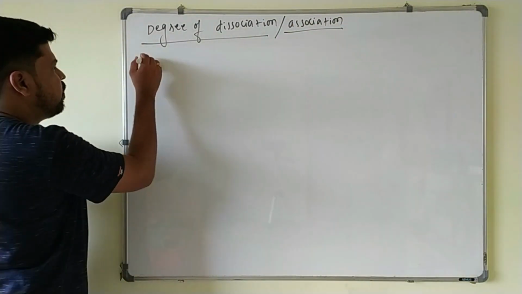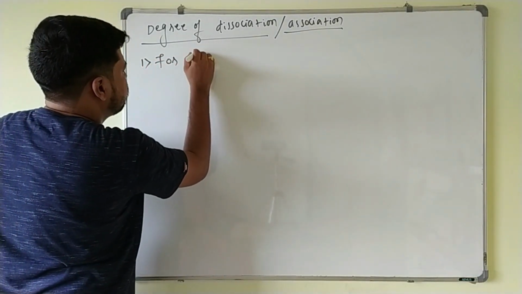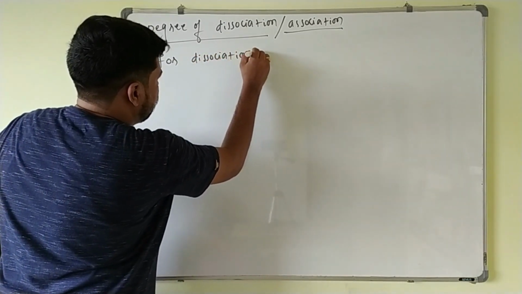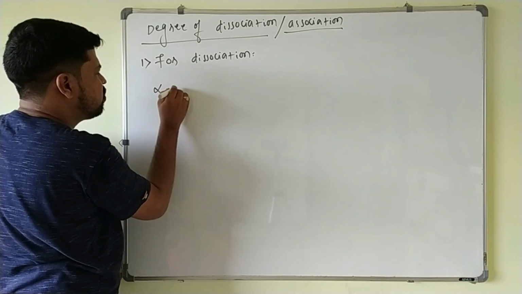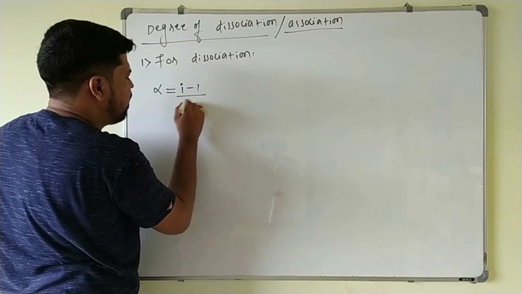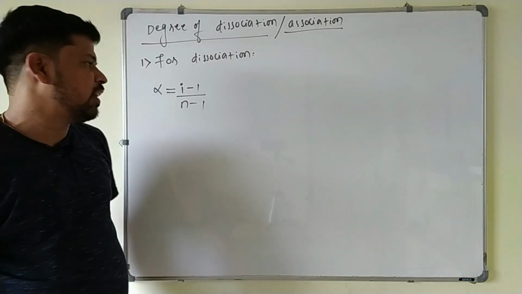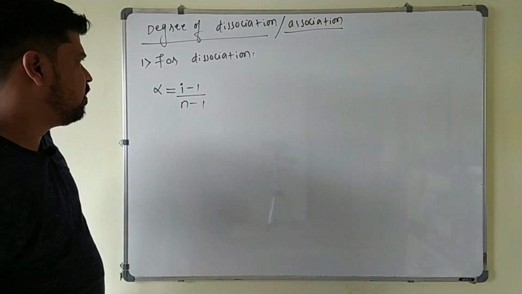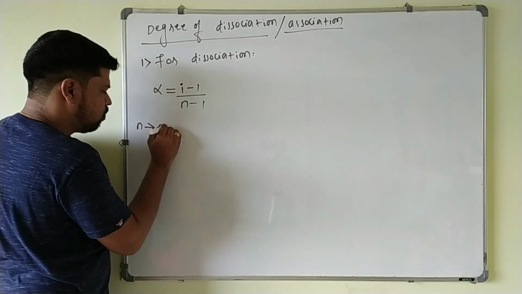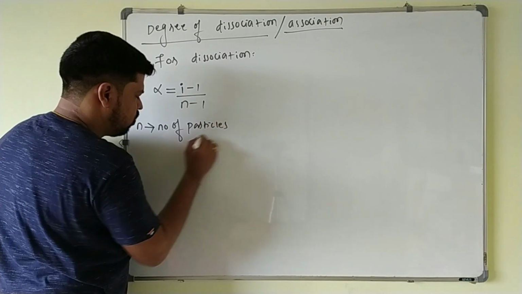For dissociation, first we will write the formula for dissociation. Alpha, the degree of dissociation, is equal to I minus 1 divided by n minus 1 here. I value we already know, that is the Van't Hoff factor. N is the number of particles formed here, where n is what? Number of particles formed.